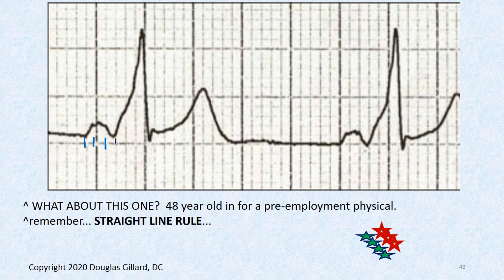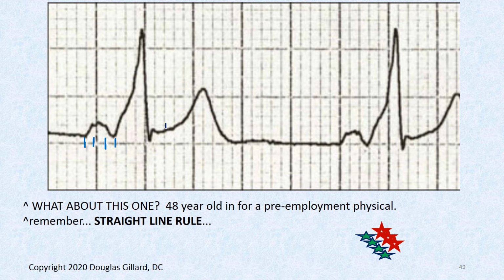So it's just maybe a hair shy of 3. But the key is, where's the PR segment? Remember, a PR interval has to have a P wave and a PR segment. There's no segment, so this is not a normal PR interval.